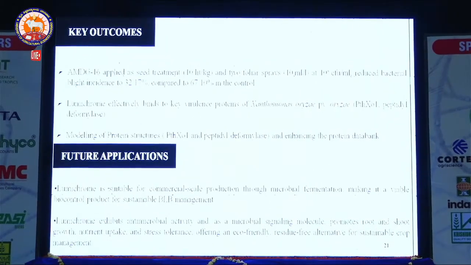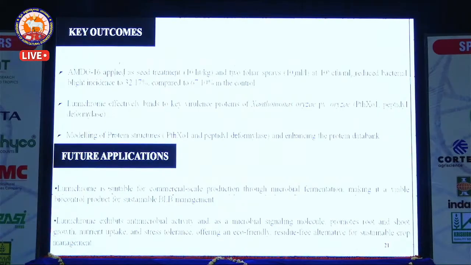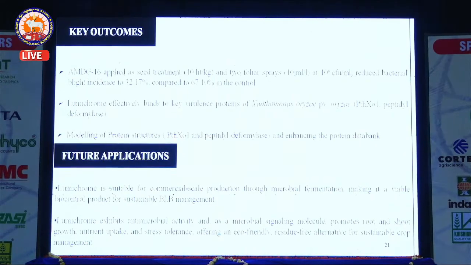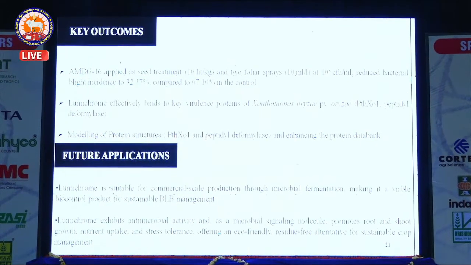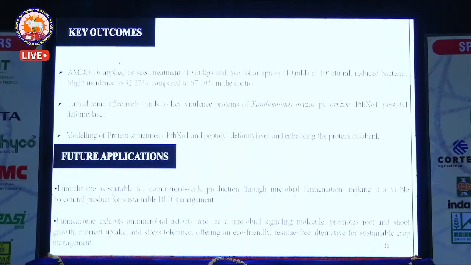The key outcomes are that AMGD16 as seed treatment and 2 foliar sprays reduce the bacterial leaf blight incidence to 32.17%, and lumichrome effectively bound with the pathogenicity factors of Xanthomonas. For future applications, lumichrome can be produced at commercial scale through microbial fermentation, and it has both antimicrobial and growth promoting character.